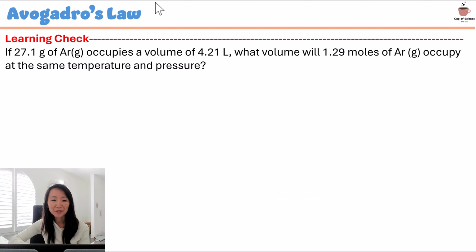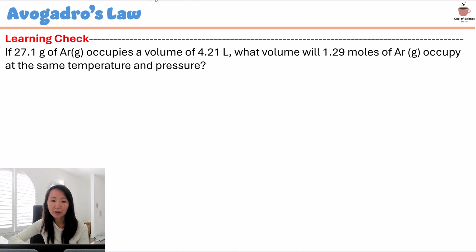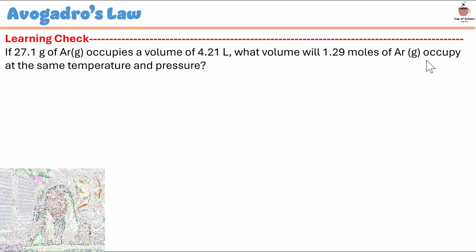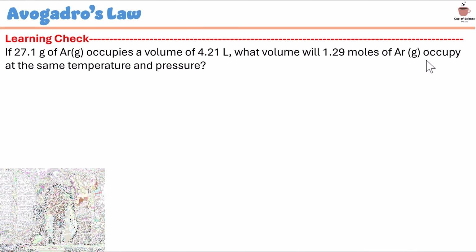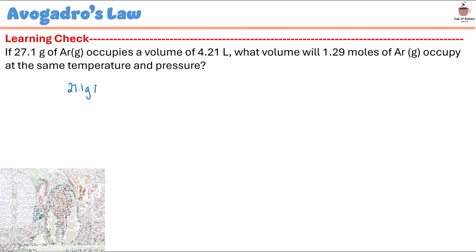Let's do a different learning check. If 27.1 grams of argon occupies a volume of 4.21 liters, what volume will 1.29 moles of argon occupy at the same temperature and pressure? So in the very beginning, you have 27.1 grams of argon.